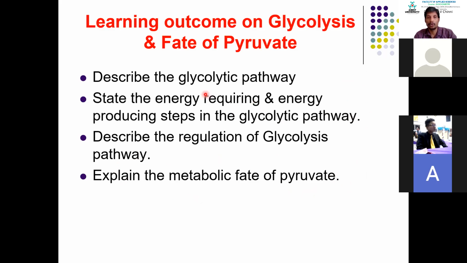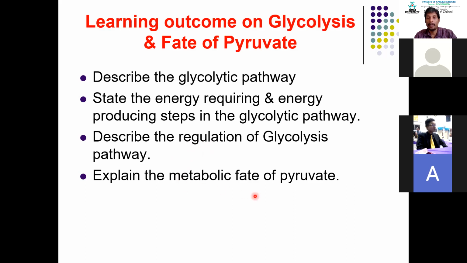So by this, you should be able to understand the whole glycolysis process, the energy required for the priming step, and the energy produced in the other part of glycolysis. And you also know how the whole glycolysis process is regulated, mainly the three steps: glucokinase or hexokinase, then phosphofructokinase, then pyruvate kinase. These three enzymes regulate the whole glycolysis.